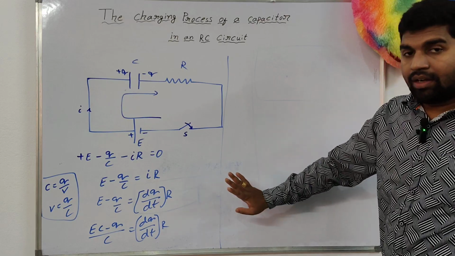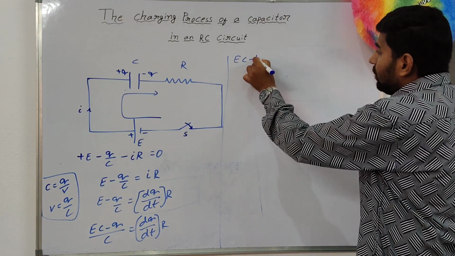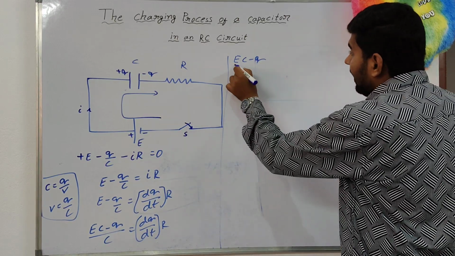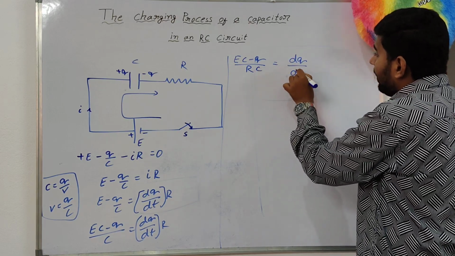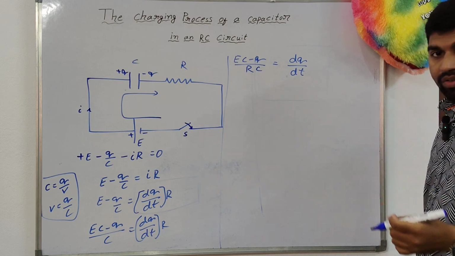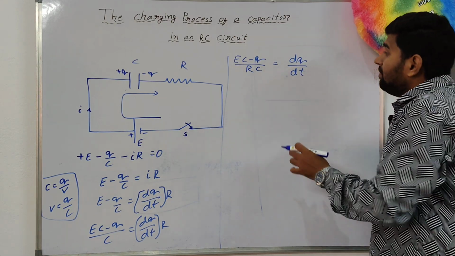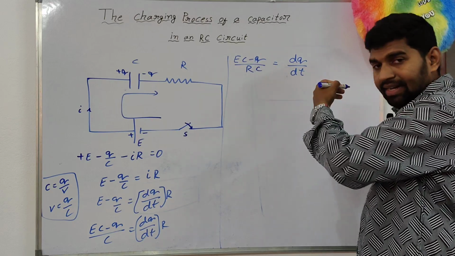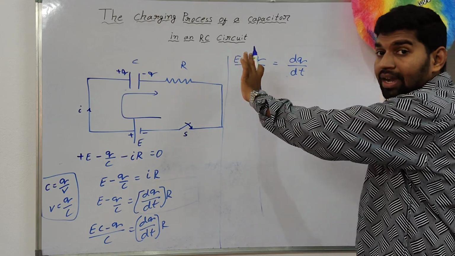Till now, is that clear to you? From this, how can I write it? If I transpose R to the other side, it becomes EC minus Q by RC is equal to dq by dt. But we have to find the charge Q, so I will keep the q terms on one side and the t terms on the other side.